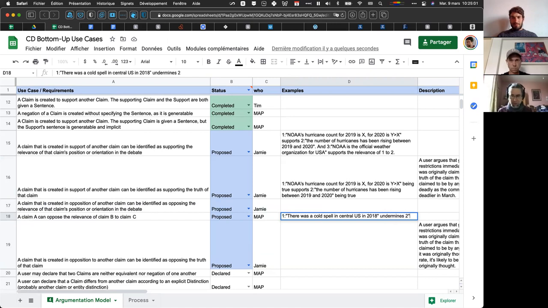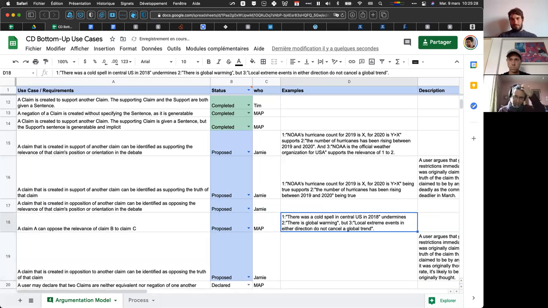It undermines that global warming is happening, but local extreme events in either direction do not cancel a global trend. So that works. Mm-hmm. That works for me.